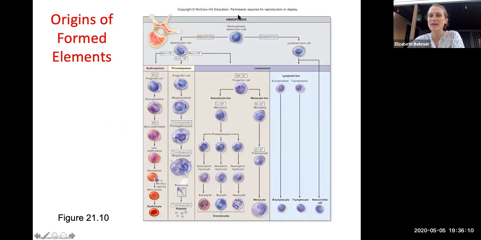So this is a look at that hemocytoblast, which is the blood stem cell, and how it will differentiate into a myeloid or lymphoid line, and then go on to form the different types of leukocytes, lymphocytes, platelets, or erythrocytes. So all of your different formed elements, whether a platelet, an erythrocyte, or a leukocyte, will all come from the first stem cell.